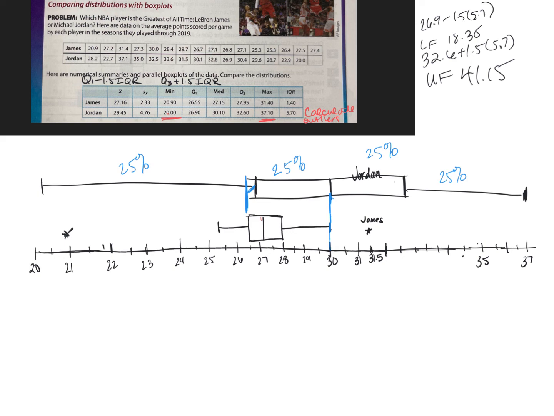So when we are comparing box plots, we want to look at things like that. We want to look at how the median is bigger than that maximum, or that Q3 is bigger than his outlier. Jordan's Q3 is bigger than James's outlier, so 25% of his seasons are bigger than that outlier.